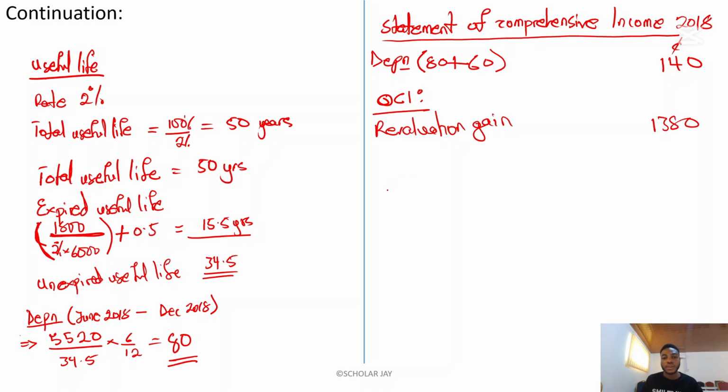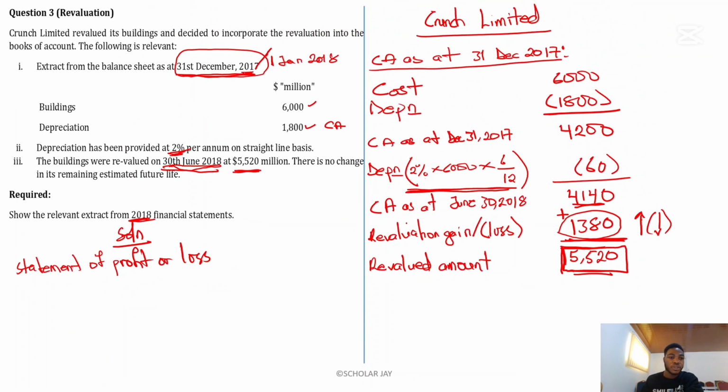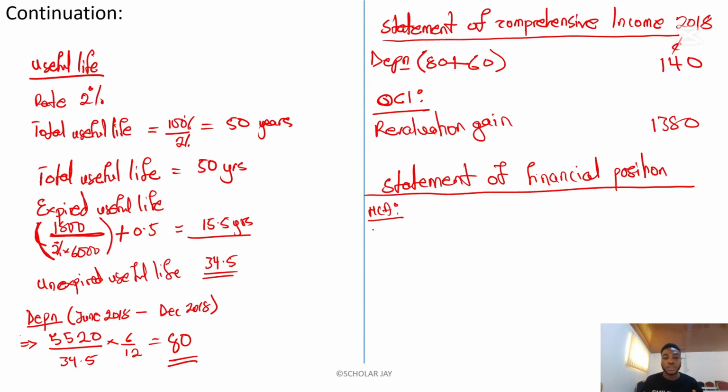Now let's look at the statement of financial position. When you take the statement of financial position, we'll start with the non-current assets. Is that not it? So the non-current assets here, we have building. Or was it not building? Yeah, the building. So you can as well say PPE or building.